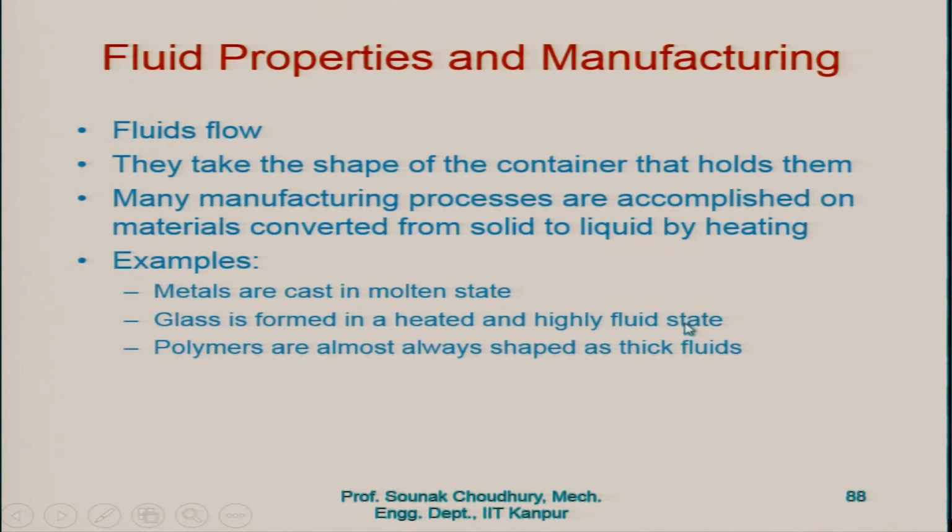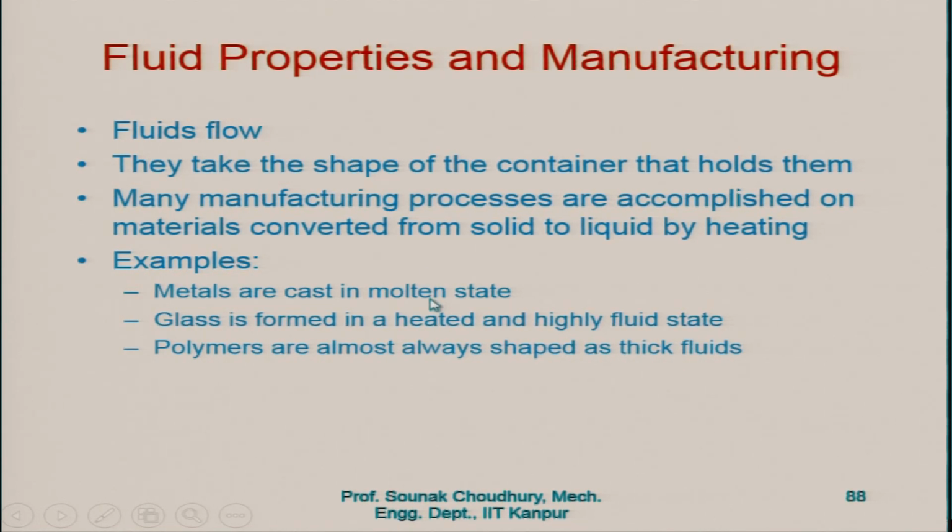Initially it is heated up, made molten, and then put in different kinds of forms so that glass works can be manufactured. Polymers, for example, are almost always shaped as a thick fluid. There are some processes where polymers are used in the solid state.